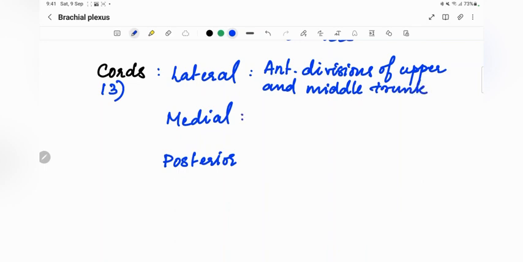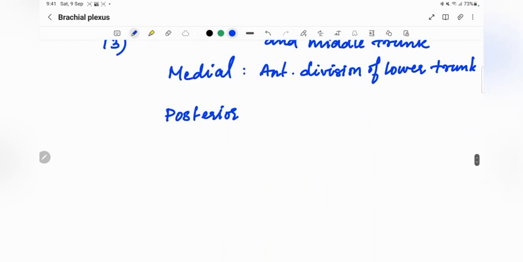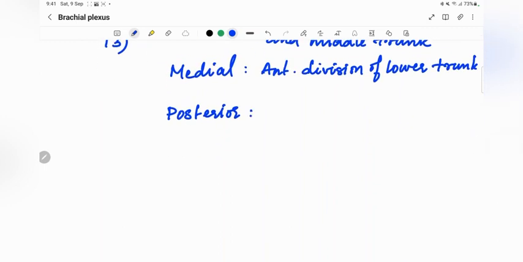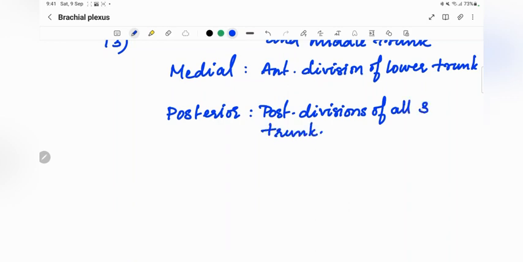How is the medial cord formed? The medial cord is formed by the anterior division of the lower trunk. The posterior cord is formed by the posterior division of all the three trunks. So these are the components of the brachial plexus.